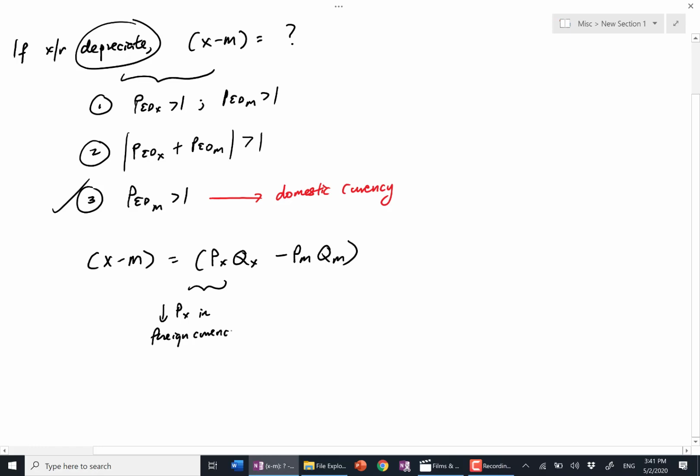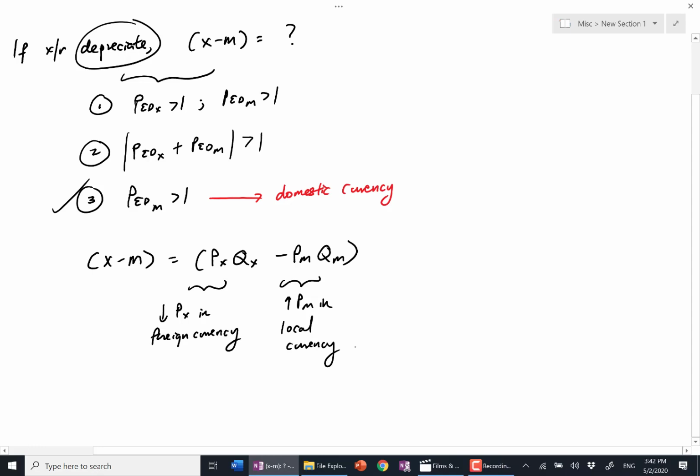So if, say, because of the very unfortunate coronavirus, the renminbi depreciates, buying Chinese goods becomes cheaper for us, so Chinese goods become cheaper in Sing dollars. But to the Chinese, there will be a higher price of imports in their local currency.